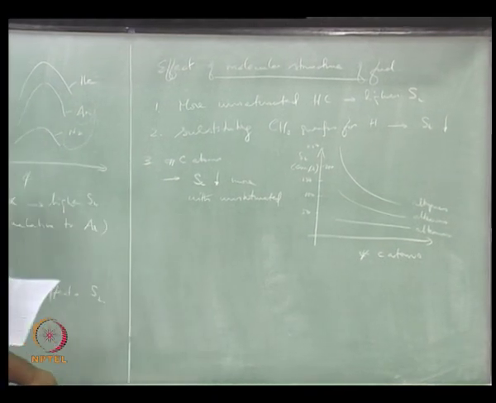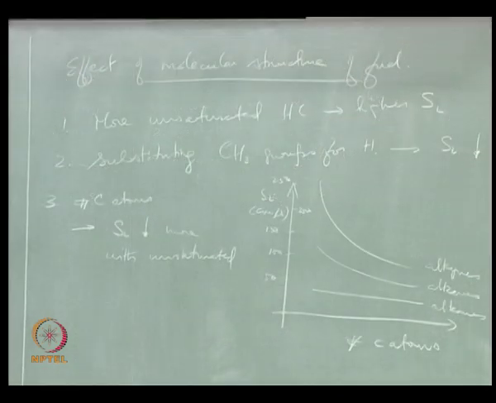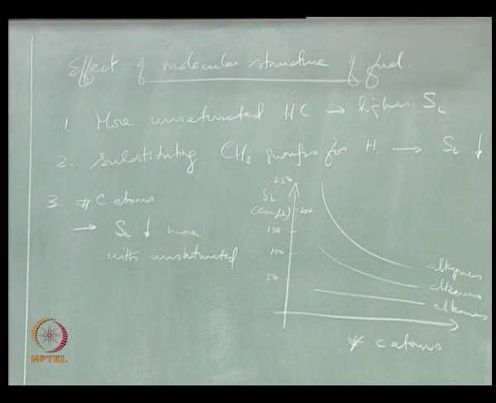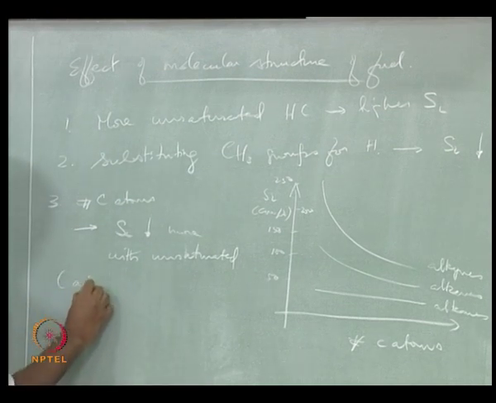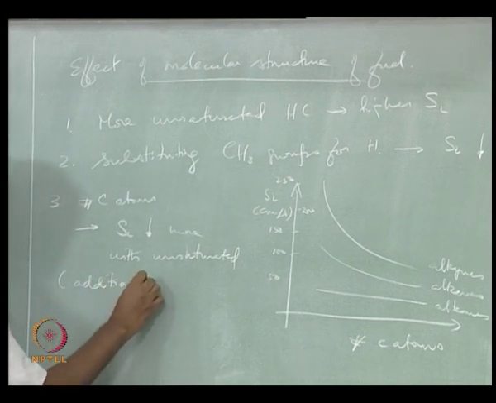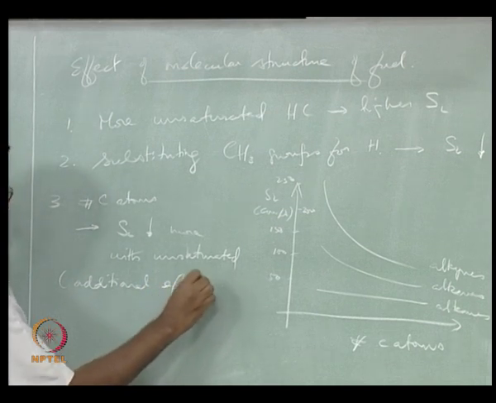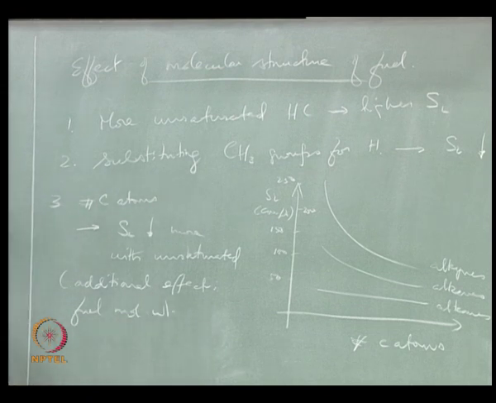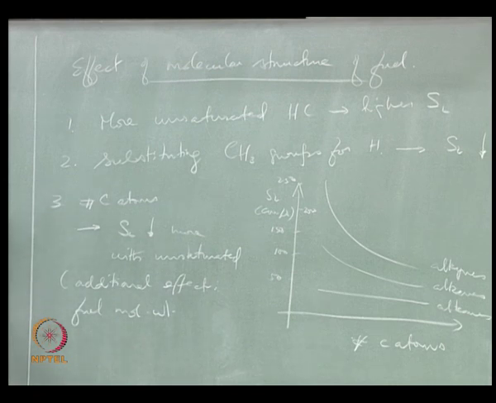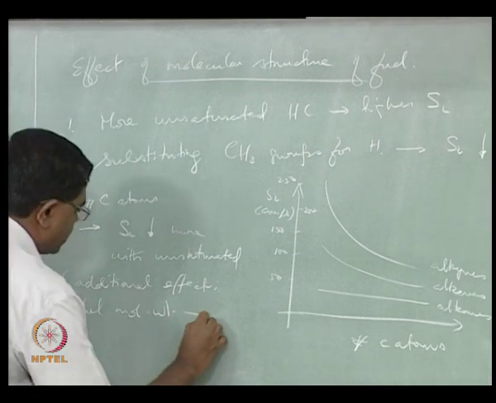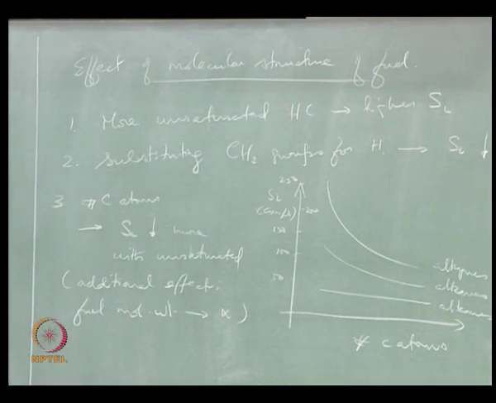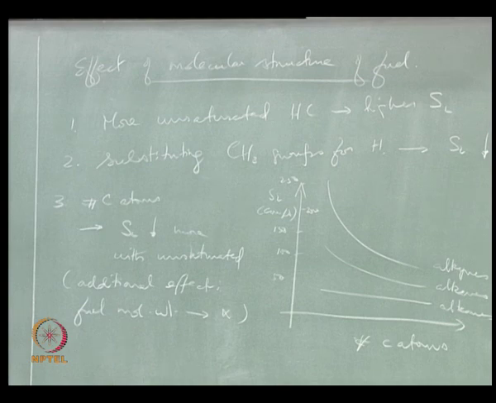And one more thing that you have to think about is when you have an increase in the number of carbon atoms, there is a molecular weight effect that's coming in. Okay, so an additional effect is fuel molecular weight. And so this actually influences your alpha for the mixture, and through that, one thing is the reactivity, right?